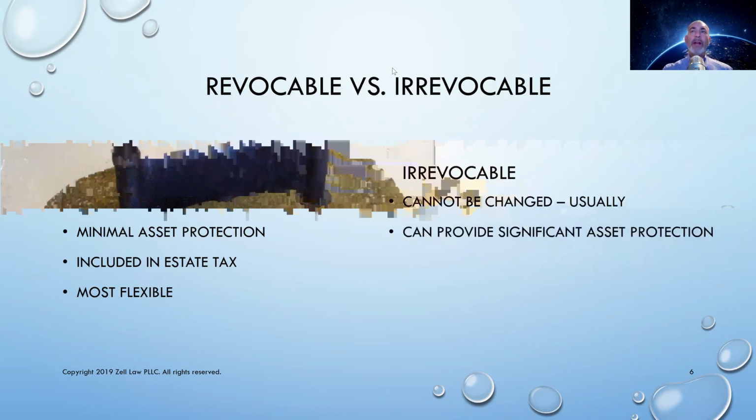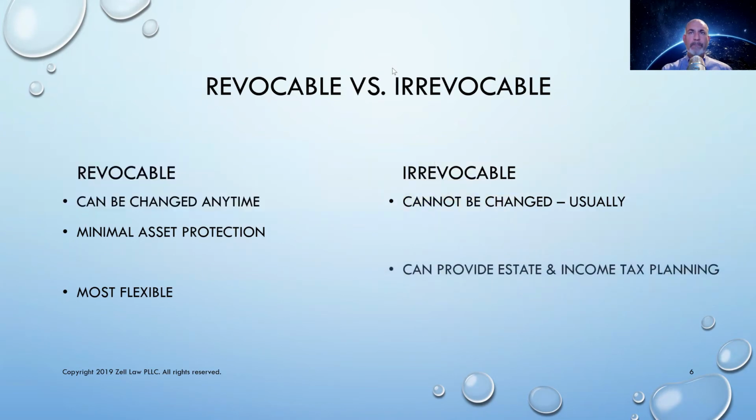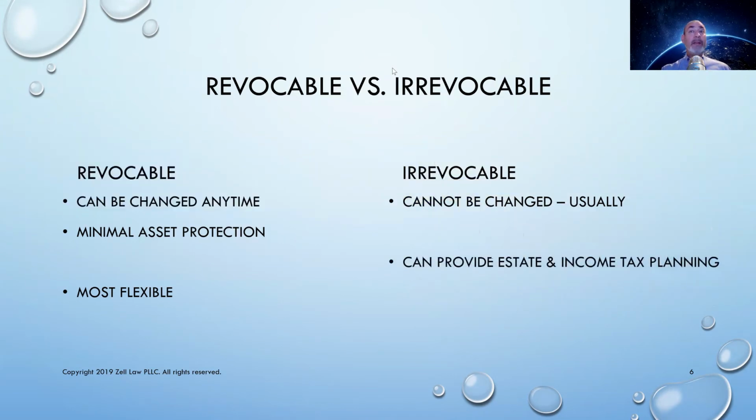It also provides significant asset protection from creditors of the beneficiaries and the trustees of the trust. It also can provide estate and income tax planning benefits that are not otherwise available in a revocable trust. And it can provide flexibility, or it can be very rigid and not provide flexibility.